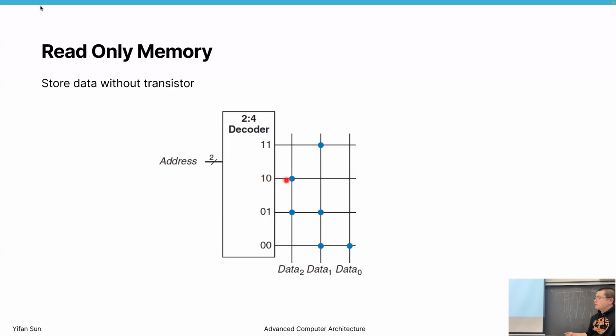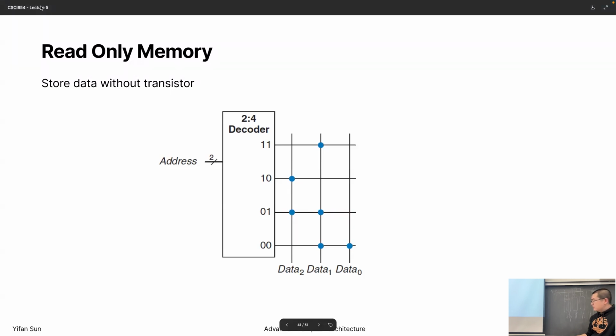If we put this to 1, and if this is connected, then the output will be 1. If it's not connected, since no one is providing the voltage, its value is 0. On the other side, this value is also 0. So if this is 1, the others must all be 0, so the output is 1, 1, 0.